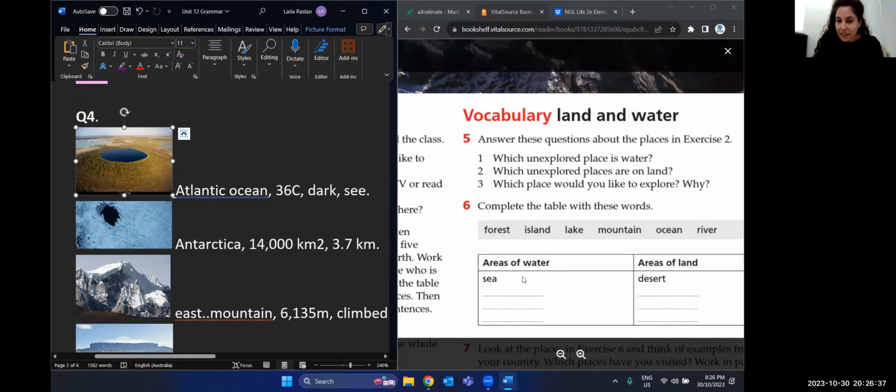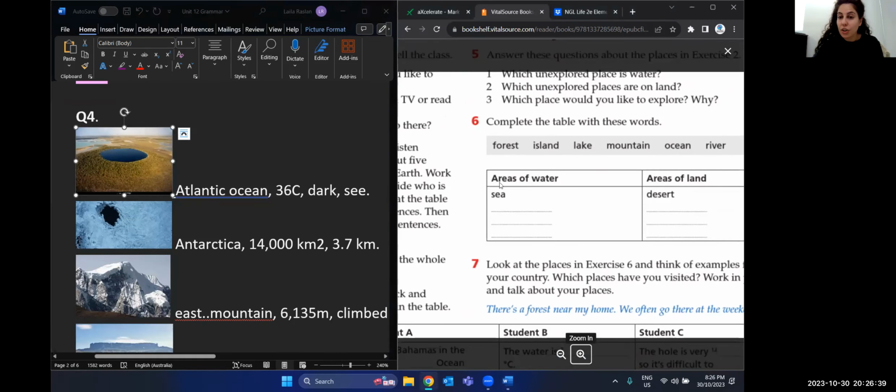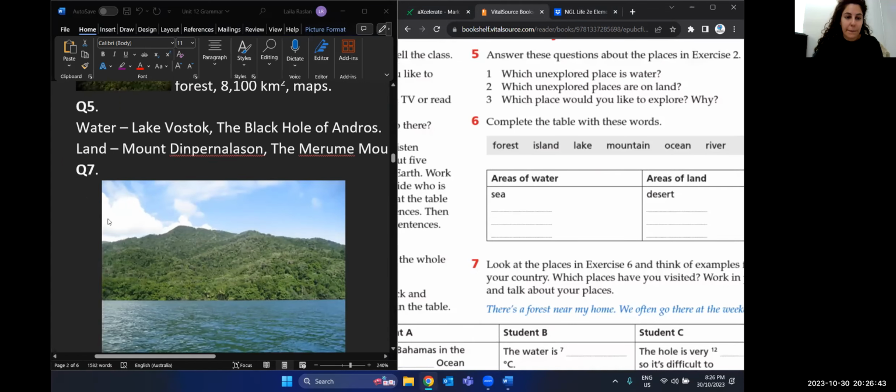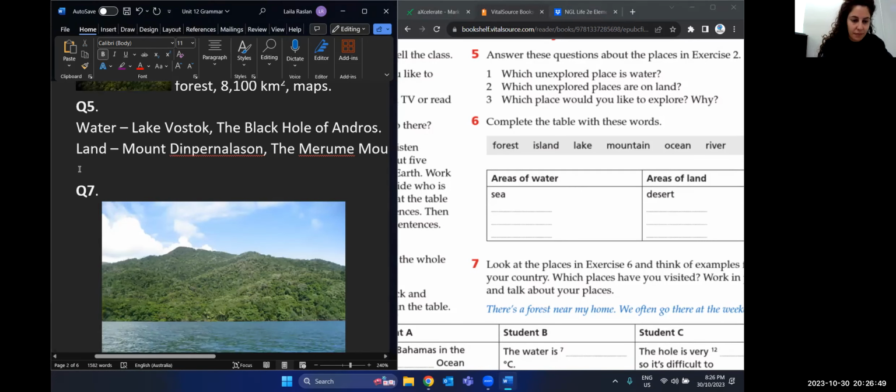Okay, so again here we had to pick which words were areas of water. So sea, lake, ocean, river.